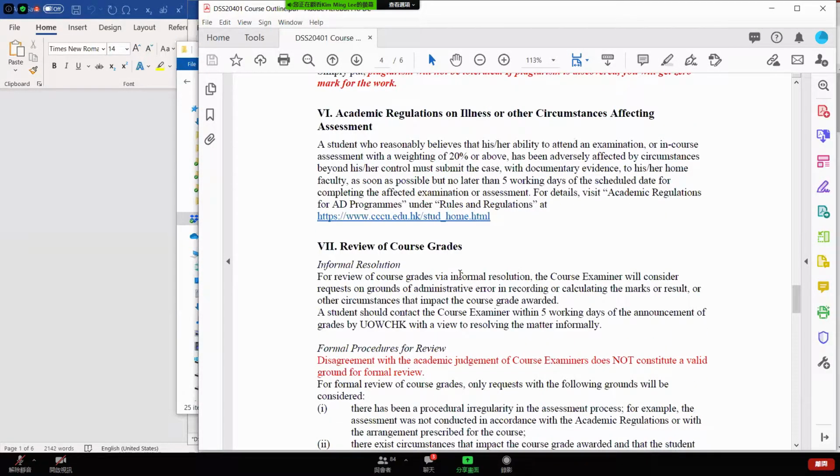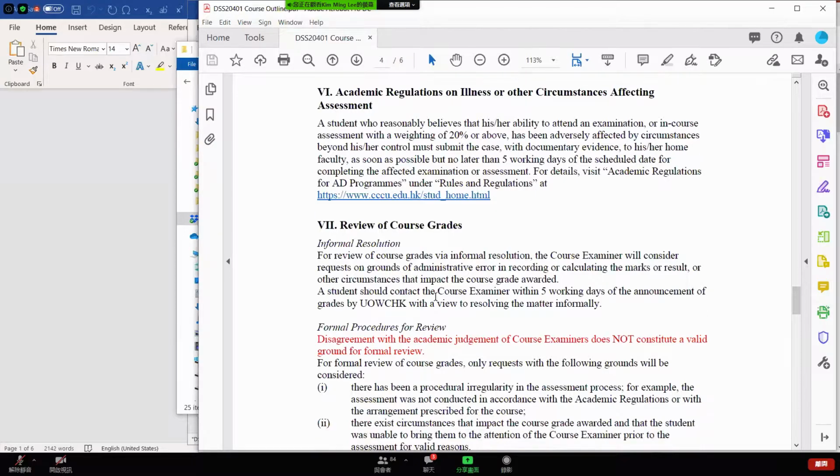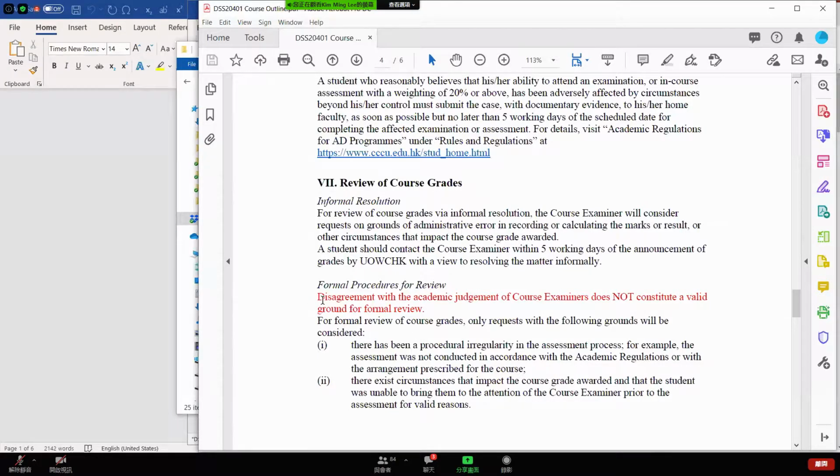About review of course grade, we prefer informal resolution. Just talk to your course examiner or tutor to see what happened. If you are not satisfied, then you can go through the formal procedures for review. But you need to remember this, which is written in the college regulation: disagreement with the academic judgment of the course examiner does not constitute a valid ground for formal review.